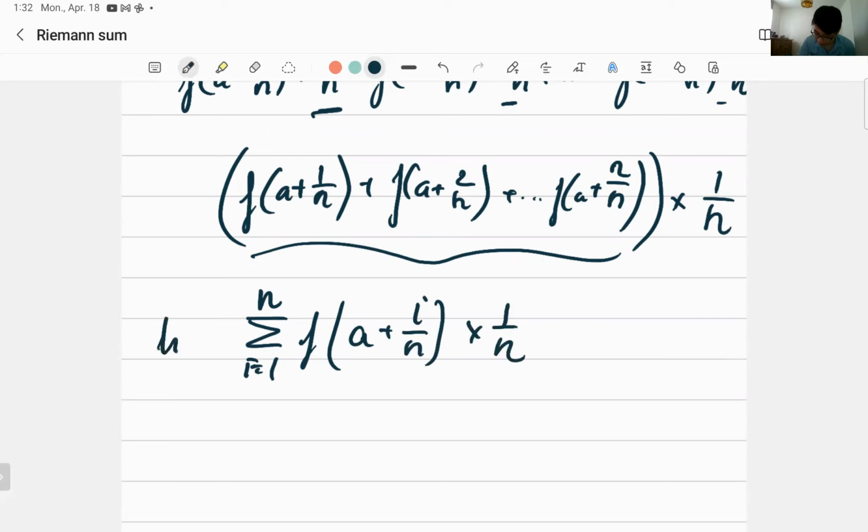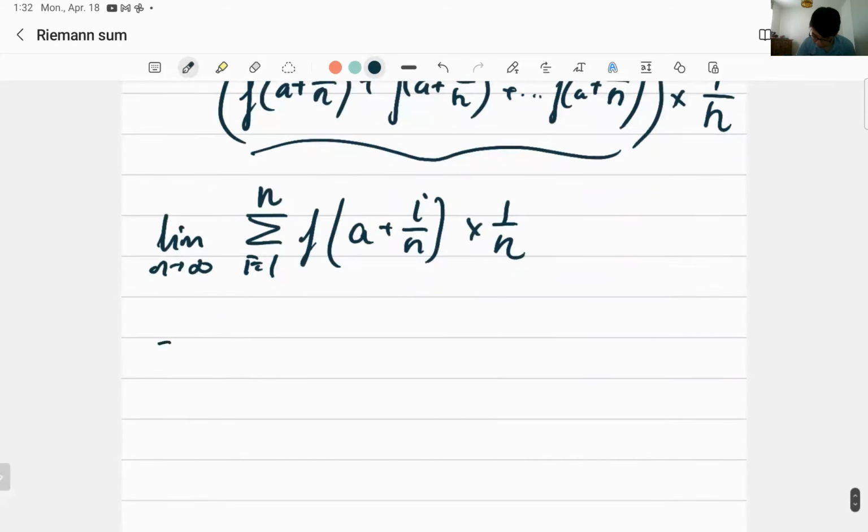Of course, I have to add the limit as n goes to infinity, and the sigma index starts with 1.